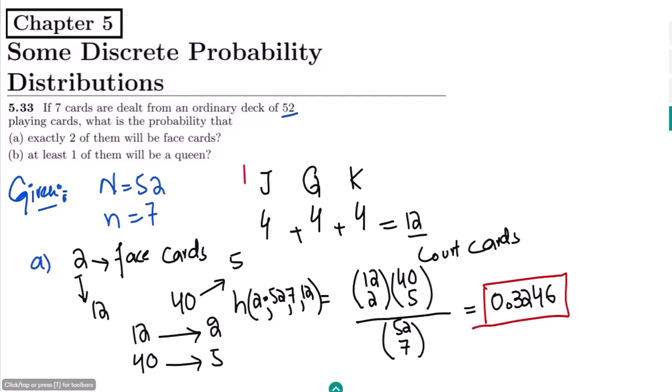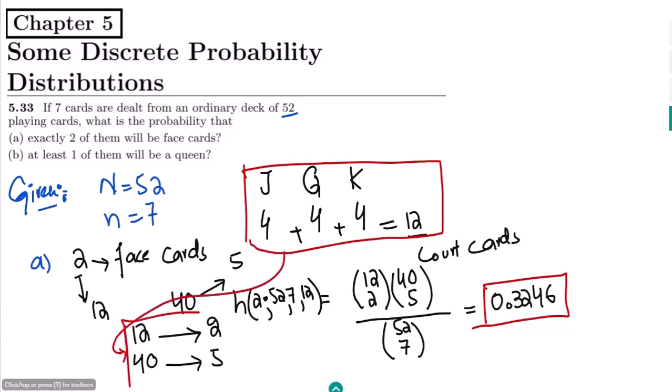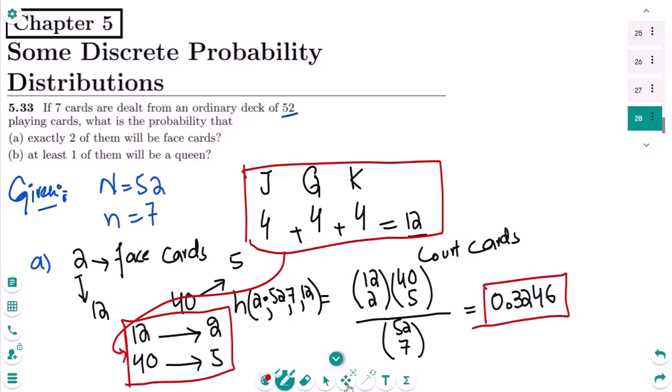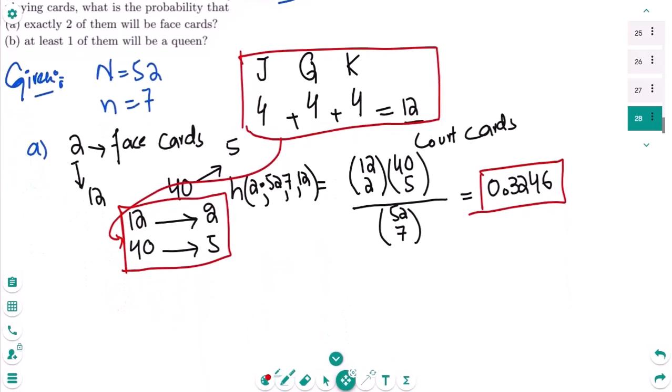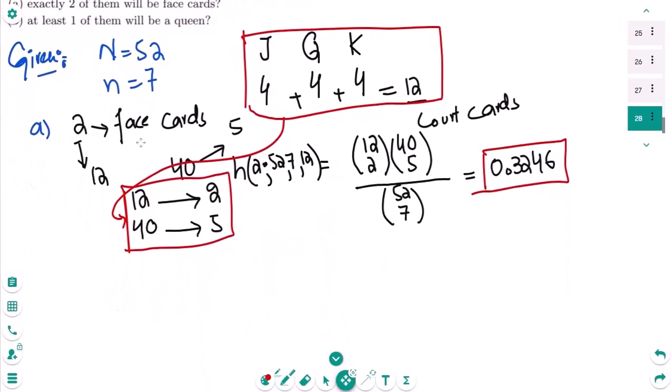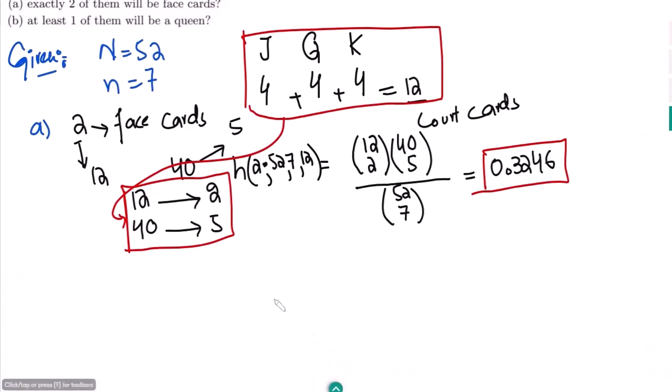The only thing here is the understanding of it. From it we have to understand this one, and then it will be easy for us to solve it. Now part B of my question. In part B, I have to see that at least one of them will be a queen.